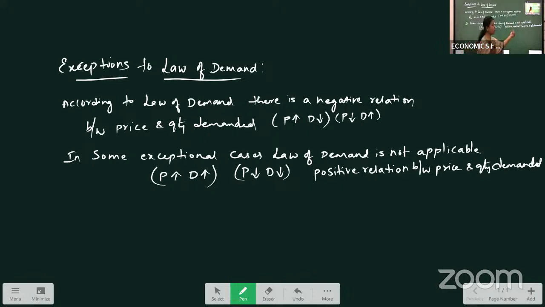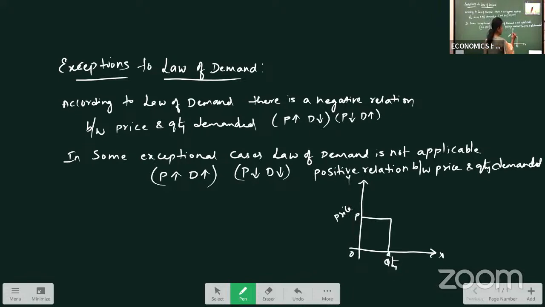When there is a positive relation, how will our demand curve be? Quantity demanded on the x-axis, price on the y-axis. OP is the price, OQ is the quantity.